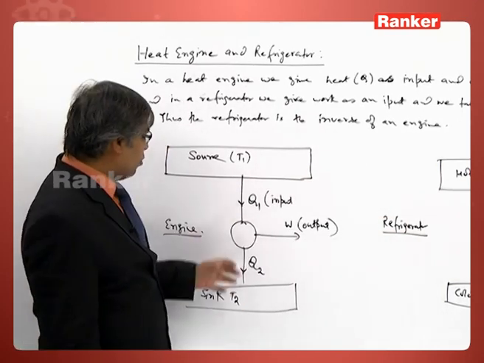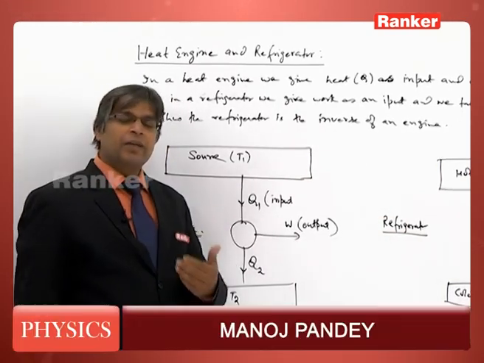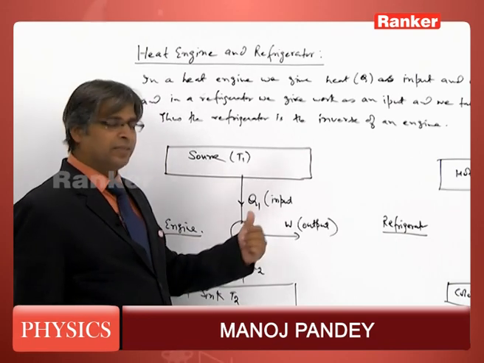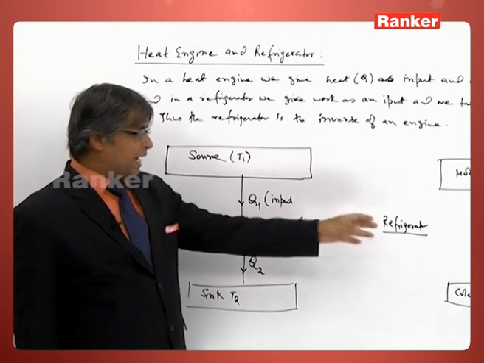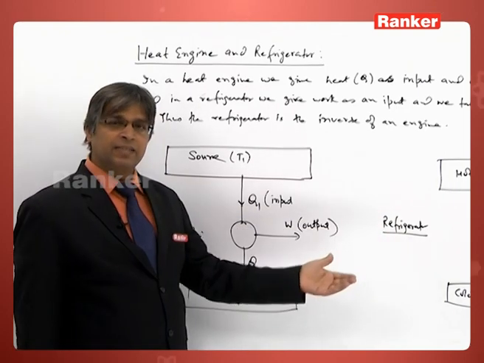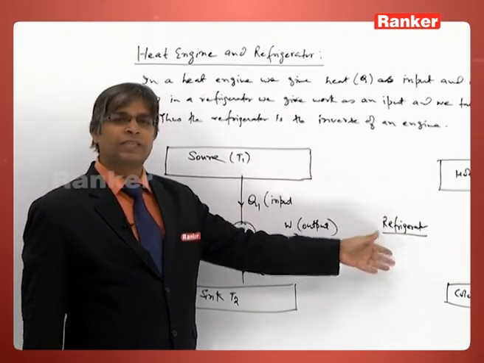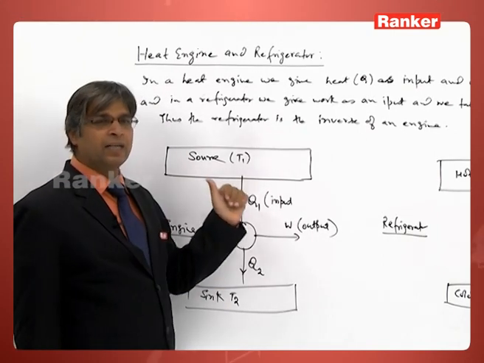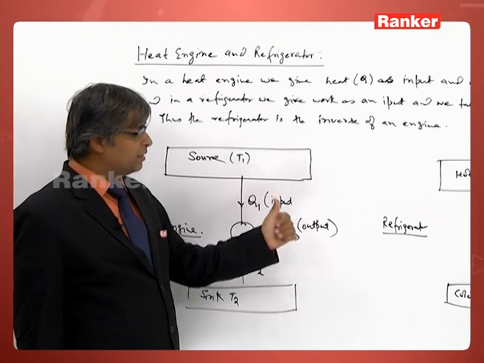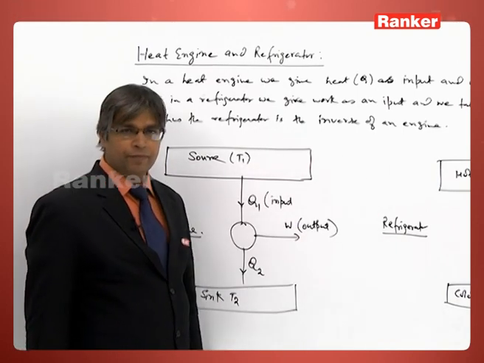Now we are often interested in the efficiency of our machines, the efficiency of an engine. We don't define efficiency for a refrigerator, but another term called coefficient of performance. Let us see how we define efficiency and the coefficient of performance, that is COP, of a refrigerator.